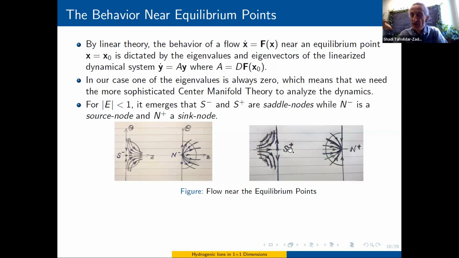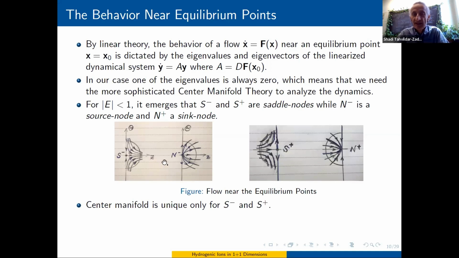Similarly, when you are at S plus, there is a unique orbit that runs straight into S plus, while if you are at N plus, there is no unique orbit. Everything is sucked in to N plus. In other words, the center manifold is unique only for S minus and S plus. The center manifold is this unique orbit, right?